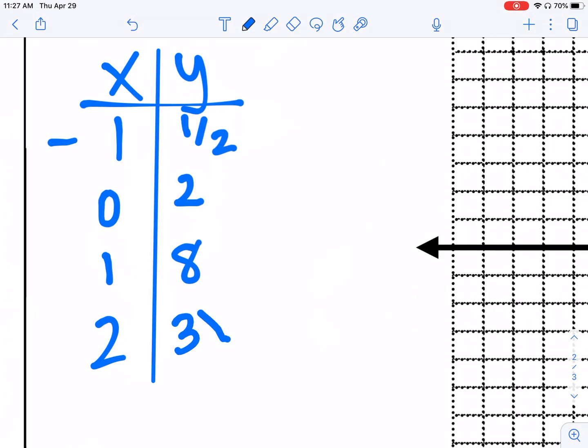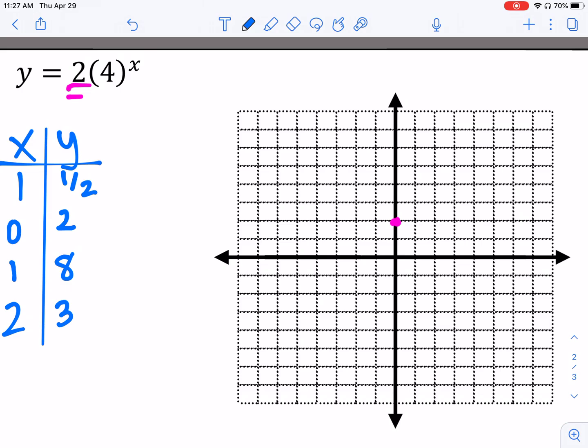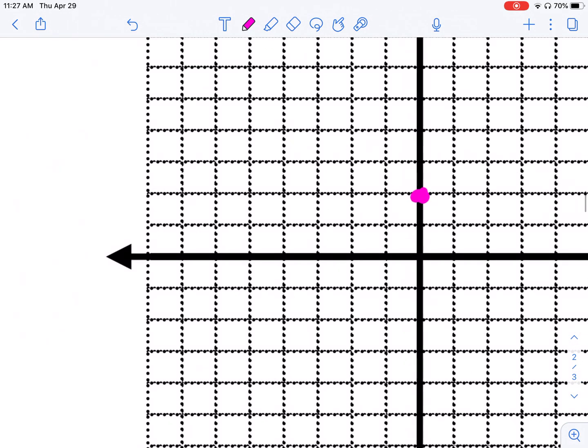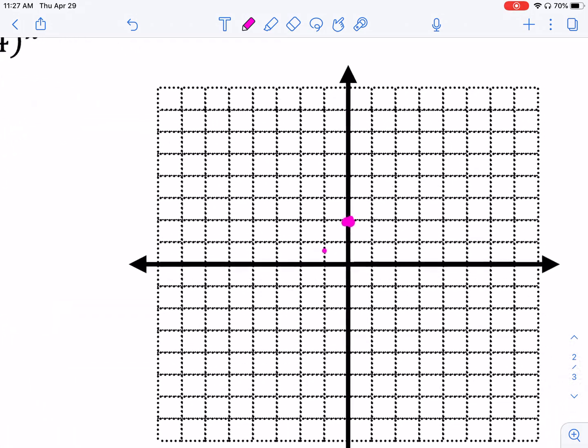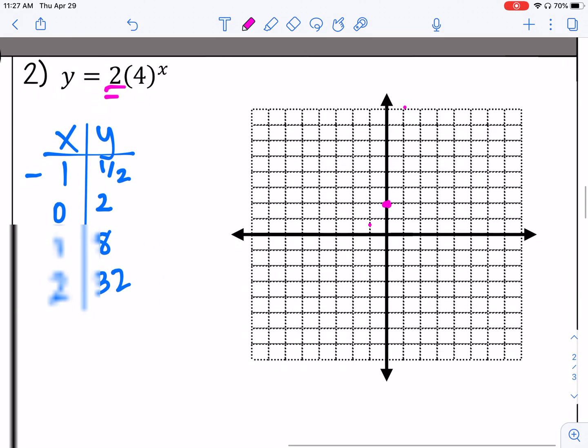So you can see this one is growing really fast. So at -1, we have 1/2, so like right here. And then 8, which is at the very top here. And then 32, which is way up there.